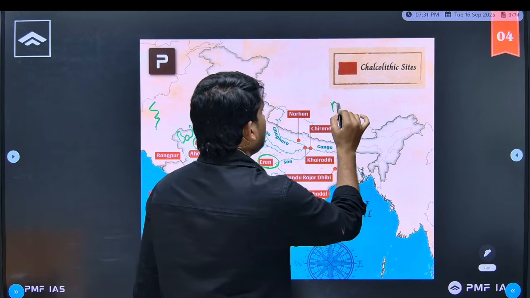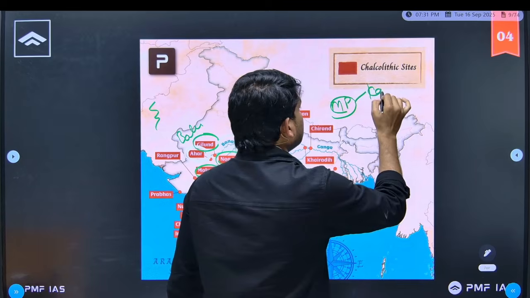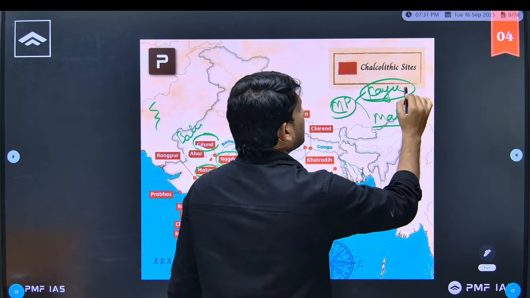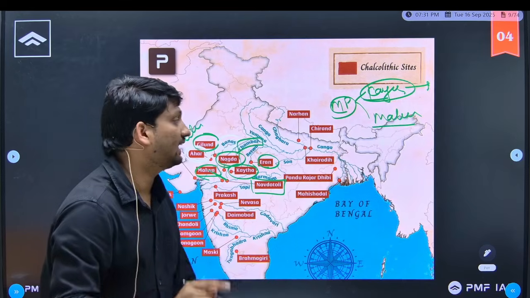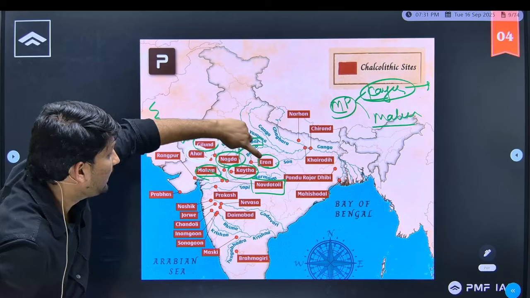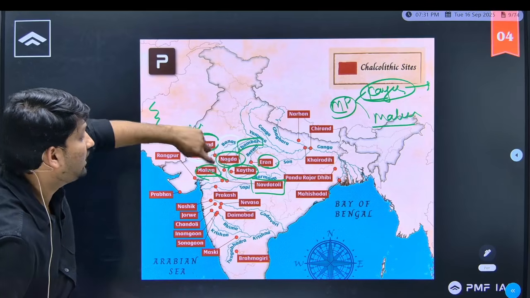So in Madhya Pradesh, you have Kayatha culture and then Malwa culture. In the Kayatha culture, the most important site is Kayatha. If you see Malwa culture, you can find these sites Nagda, Eran, Tolli and Malwa.